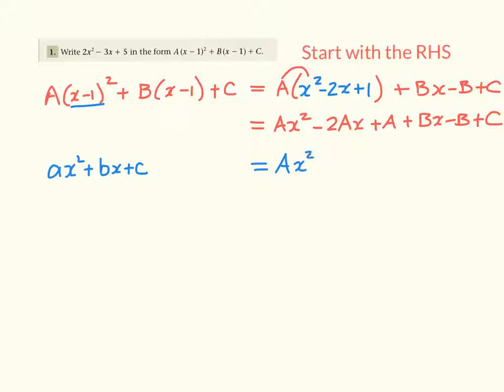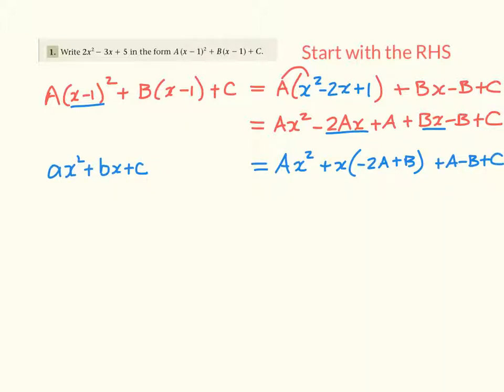So ax squared stays the same. But now I'm going to look for my x's, and there's two lots of them here. I'm going to factorise out the x. So taking out an x from the first term leaves negative 2a, and then I get b. And then all those other terms make up my c here.